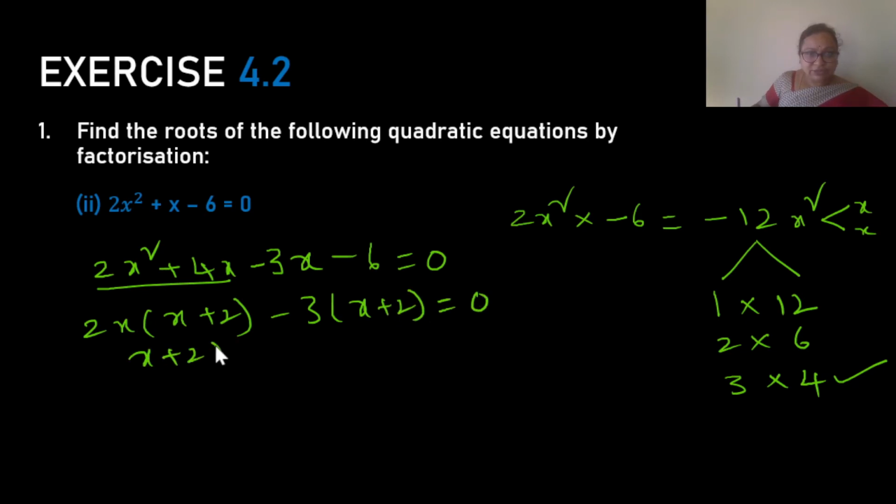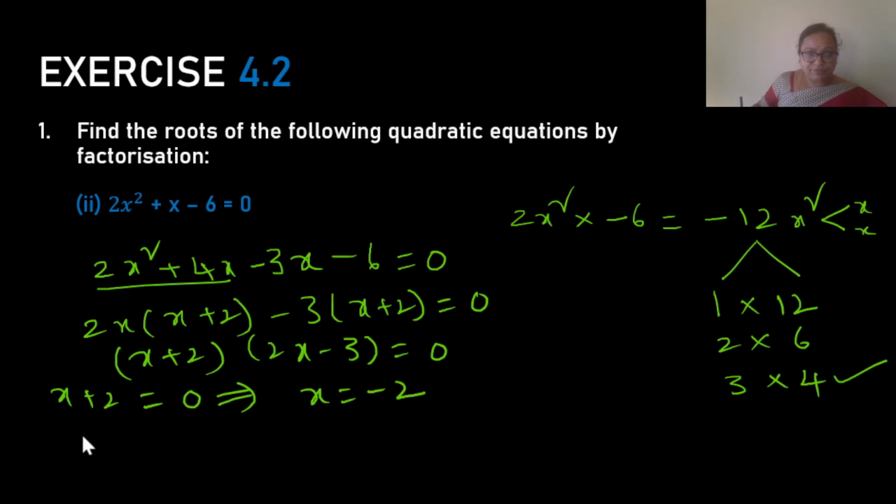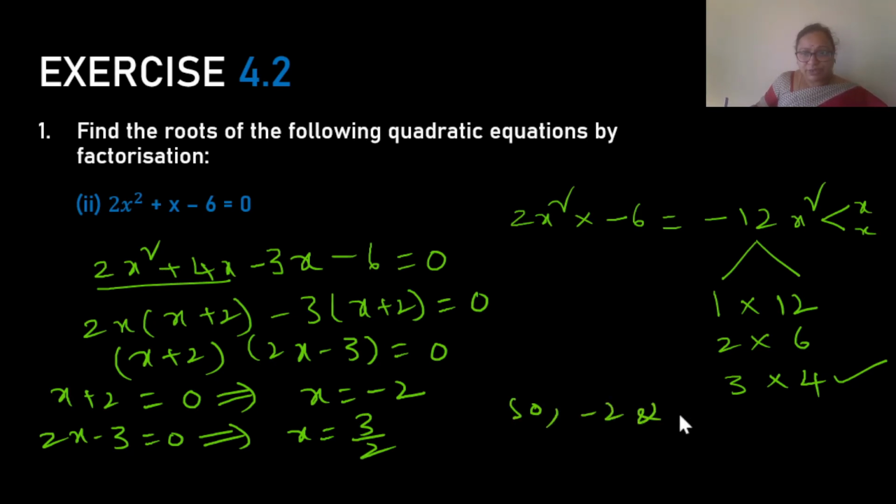So x plus 2 into 2x minus 3 is equal to 0. So x plus 2 is equal to 0 means x is minus 2. 2x minus 3 is equal to 0 means x is equal to 3 by 2. So minus 2 and 3 by 2 are the roots.